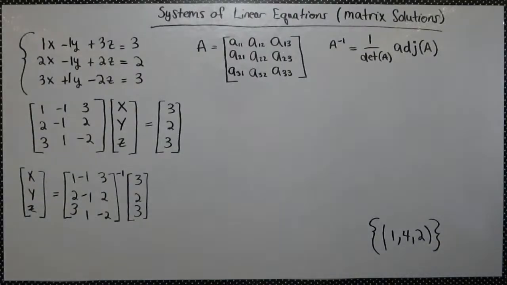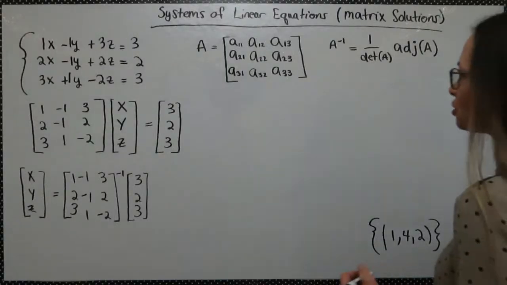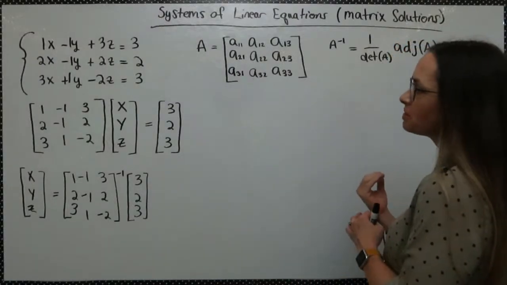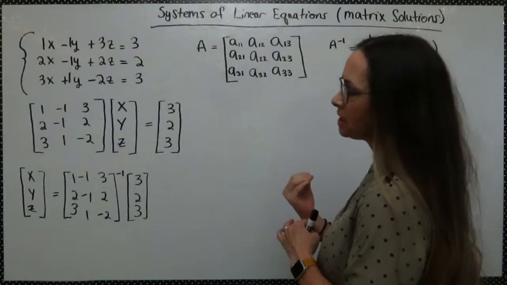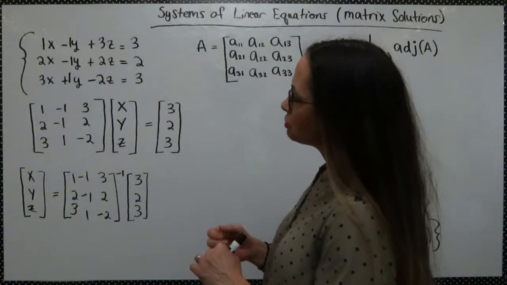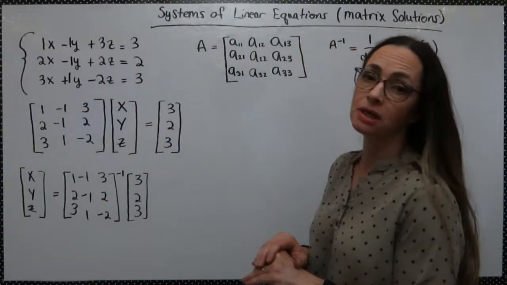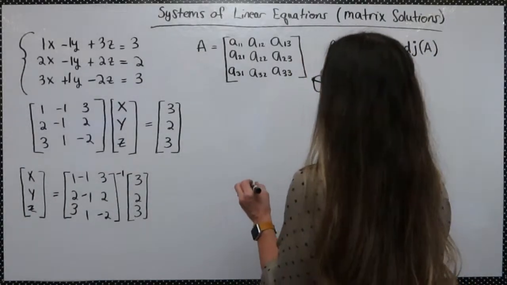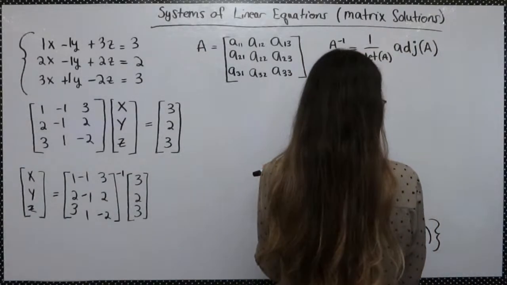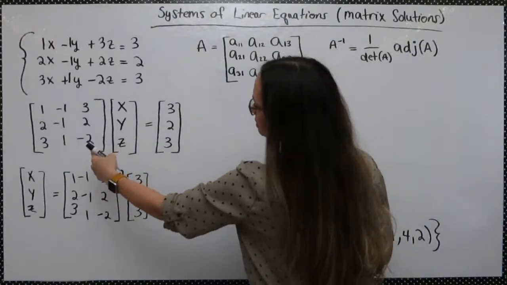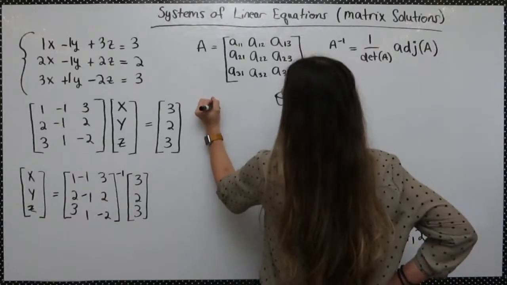I'm going to try to organize my board so I don't have to erase anything, because that determinant takes up a lot of room. Basically, it's the products of the diagonals, but you subtract them instead of add them. If I had to explain it in a nutshell, but I'm sure there's a more formal method. All right, so we're going to take our matrix and call it A.